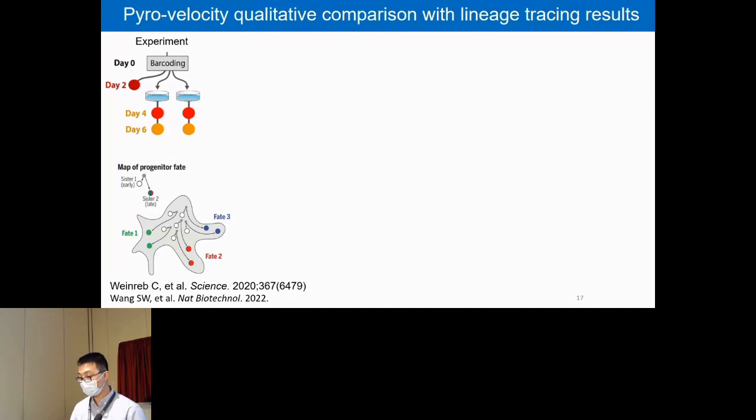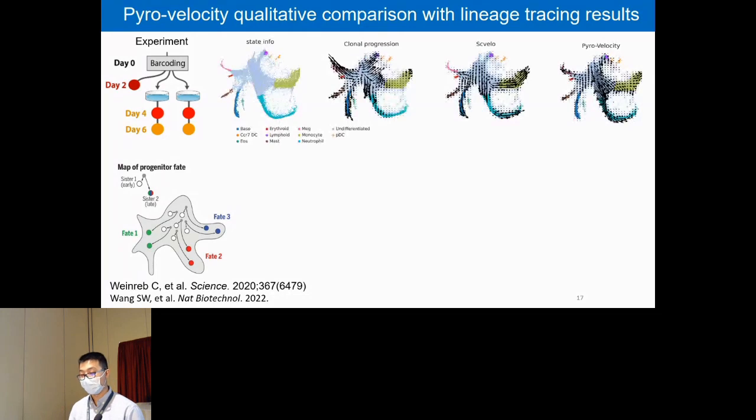Next, we want to use our framework and also the clone barcoding derived progression to do a qualitative comparison across different vector fields. The leftmost vector field is derived from the transition matrix of the clone barcoding. The middle one is the vector field from the SVLO, and the right one is our result from Pyro-Velocity. We found that there is actually no perfect model.